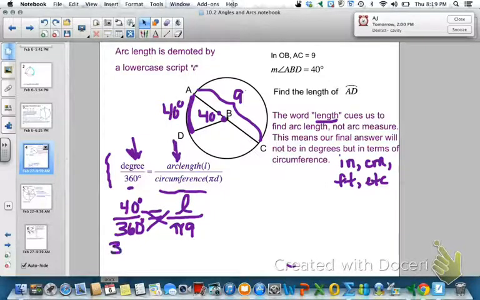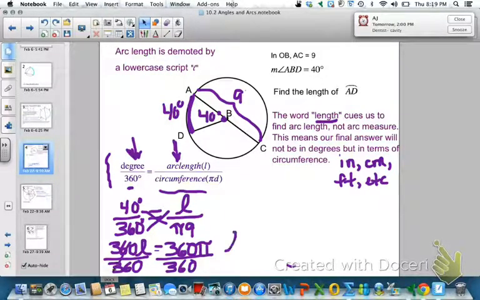So I have 360L equals 360 times pi. Dividing by 360 gives me pi in this case. So L equals pi, which is approximately equal to 3.14 units.